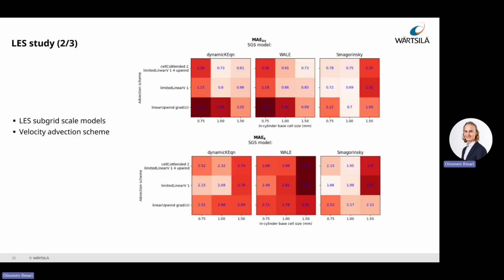The dynamic k-equation and WALE subgrid scale models had very similar performance in terms of velocity prediction. Finer mesh didn't perform better, especially with the linear upwind grad U velocity advection scheme. None of the LES runs performed better than the best performance of the previous turbulence study.